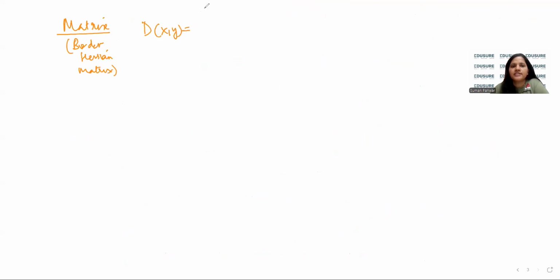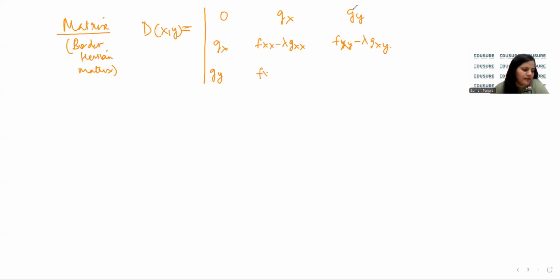So D of xy is this matrix 0, gx, gy, gx, gy, fxx minus lambda gxx, fyy minus lambda gyy, fxy minus lambda gxy. Then we have fxy minus lambda gxy, fyy minus lambda gyy.